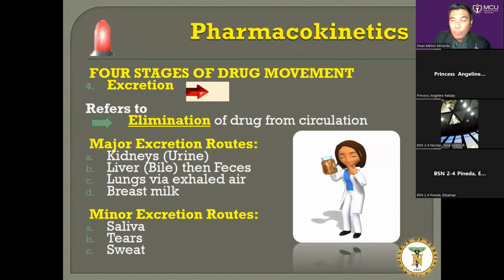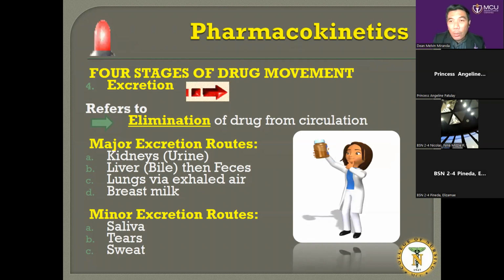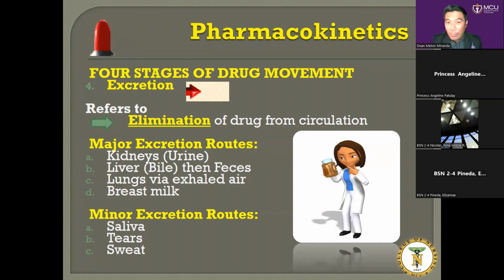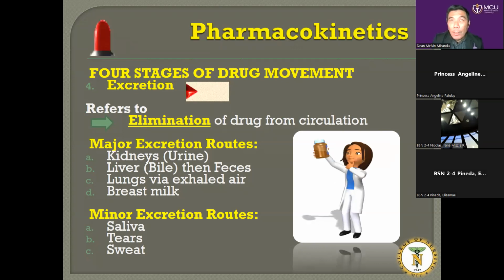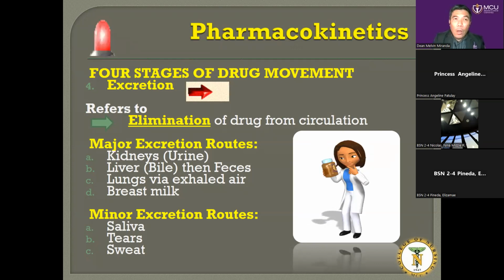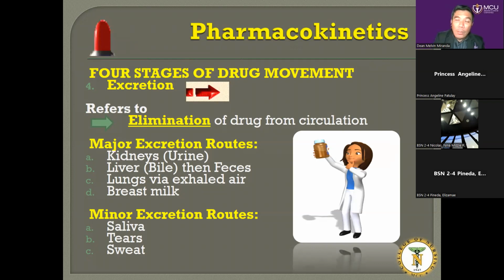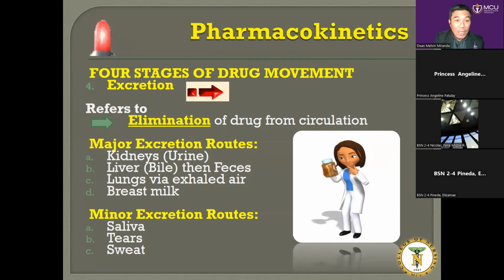That's why it is very important to take into consideration those drugs that are given to nursing mothers, because we all know that they could be excreted via breast milk. Similar also to the situation that drugs can be given to a pregnant mother, so this will be considered for the maternal to fetal circulation.